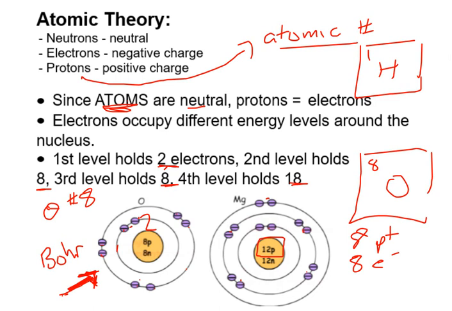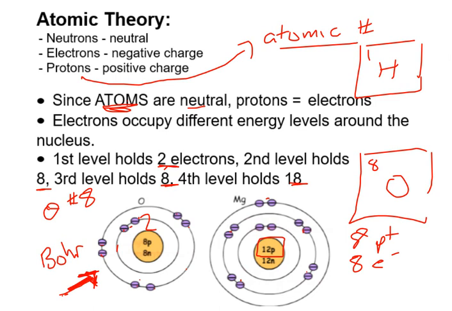Now, unlike oxygen, which only used 6 out of its 8, magnesium uses up its full row, which explains why magnesium is in a different row than oxygen. Oxygen is in the second row. It needs 2 rings around it. But magnesium is in the third row, because it needs the first ring, the second ring, and then a third one.